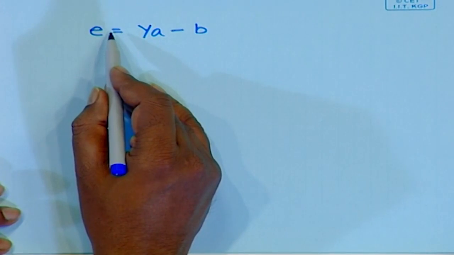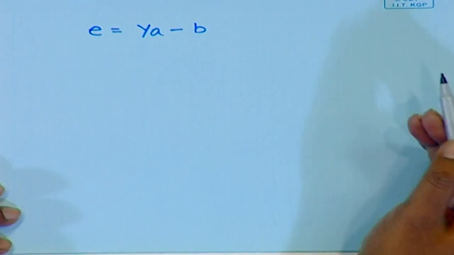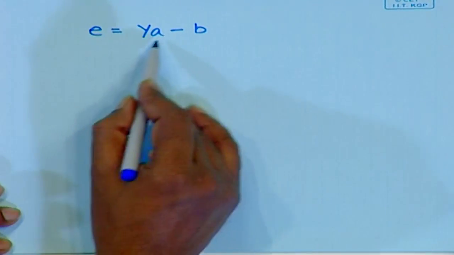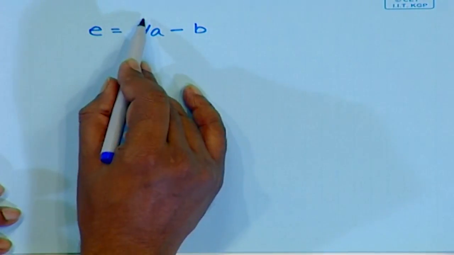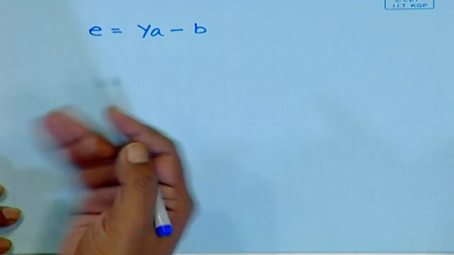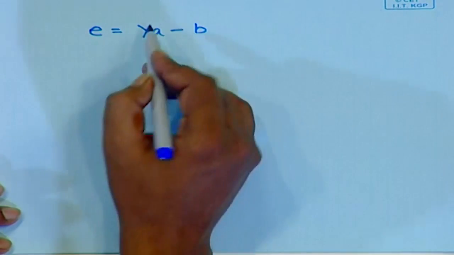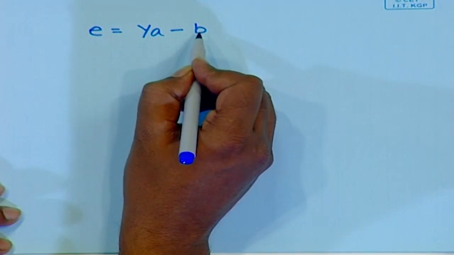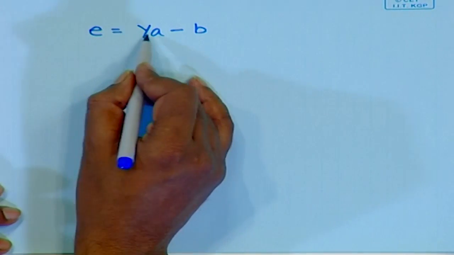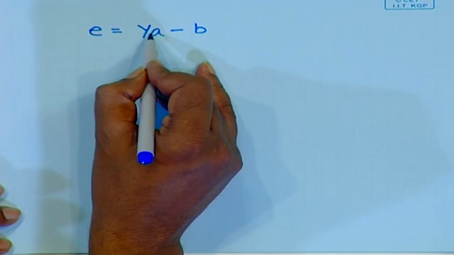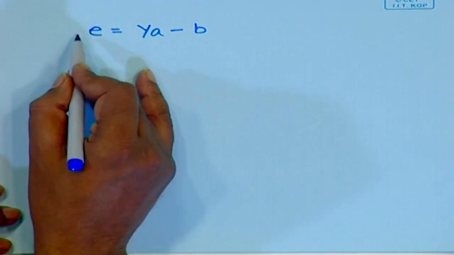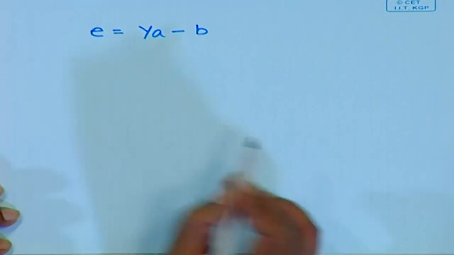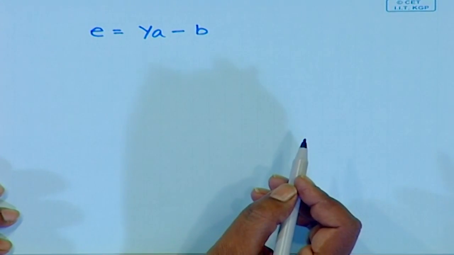So, instead of simply trying for Y inverse b, we will try to get a solution a, because Y is known, this is nothing but the set of training samples. b, let us assume that this is also known, that is the margin vector. So, I have to try to get a solution for a which will minimize this error vector e.